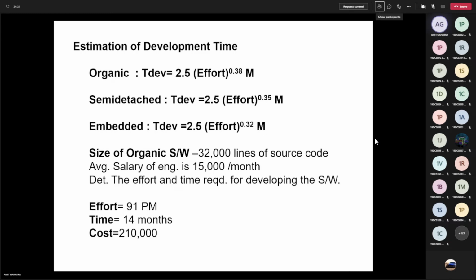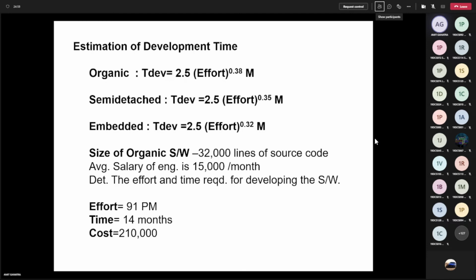So how much is the value of development time? 13.8. Right, so roughly I have written 14 months. Okay, so if any value is 0.5 and above, and you have to make it an integer, then make it 14. Now my average salary I have given as 15,000 rupees per month. So 14 months into 15,000. So total my 14 months person has to be engaged, and my average salary is 15,000, then 14 months into 15,000. If you calculate this value, it will be 2,10,000.